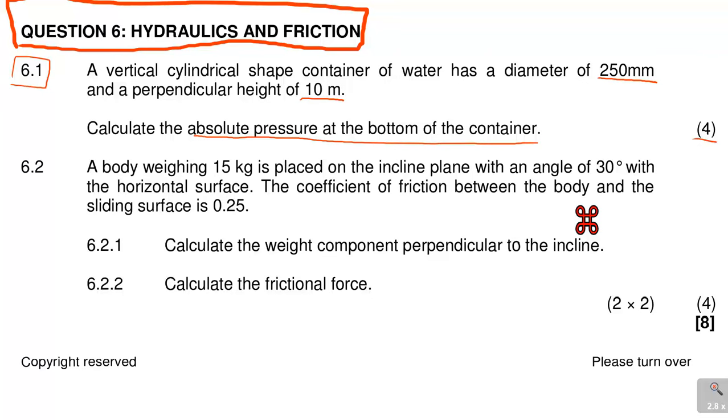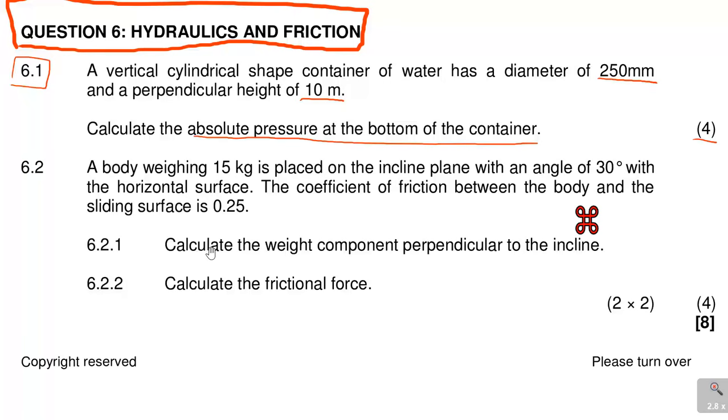Now if I can just have a new page, just to look at that. So it says we have a vertical cylindrical container. This is kind of a container that you have, a vertical cylindrical container, as they are saying.